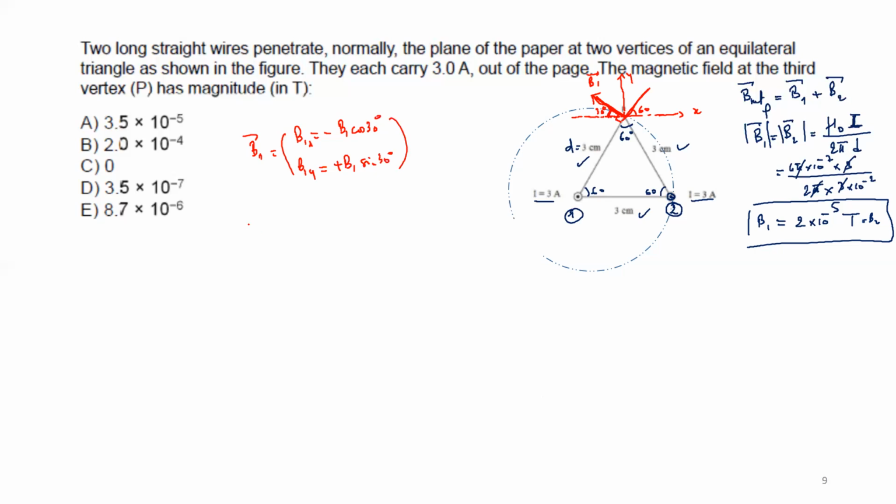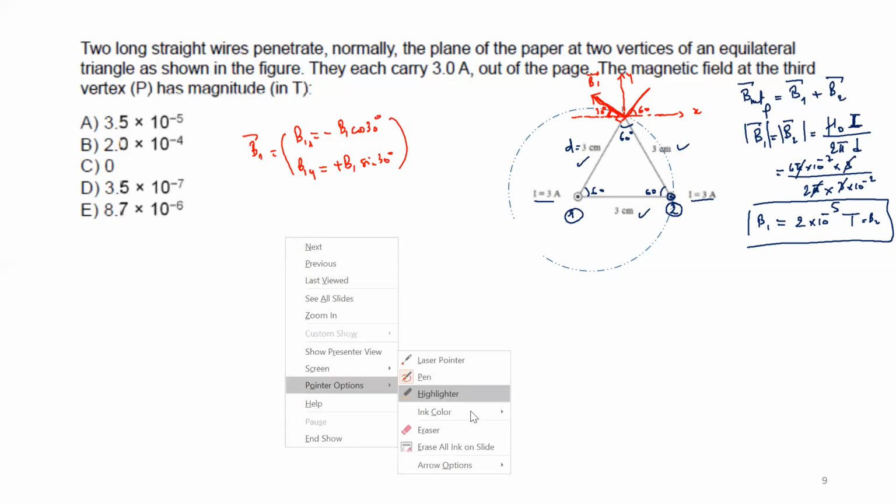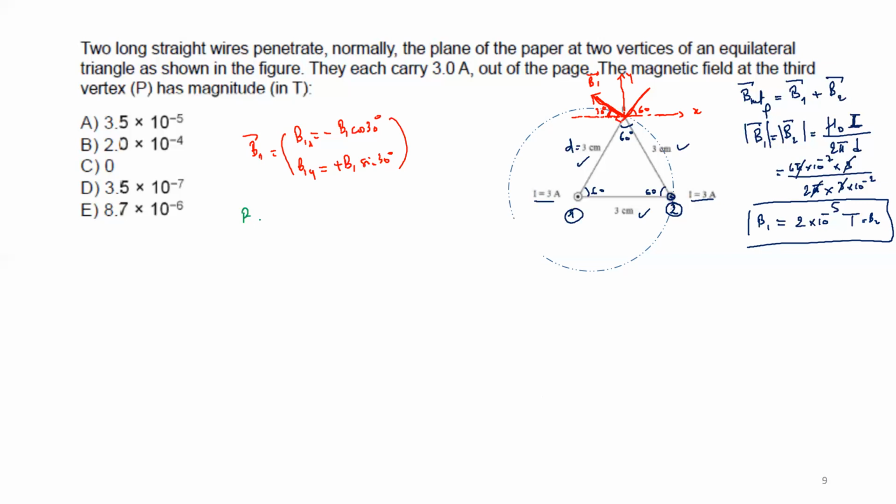Now let me do the same for B2. Let me take another color, a green color, for instance. So B2 is created by this one, wire 2. Right-hand rule: my thumb is in the direction of the current, and my fingers will be pointing in this direction.